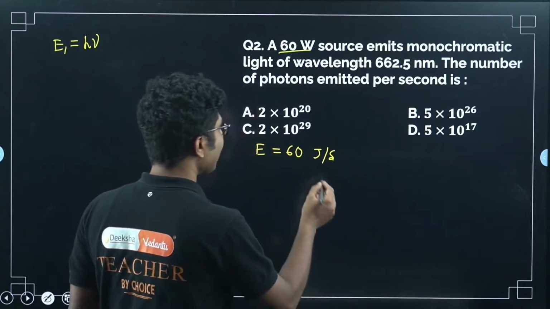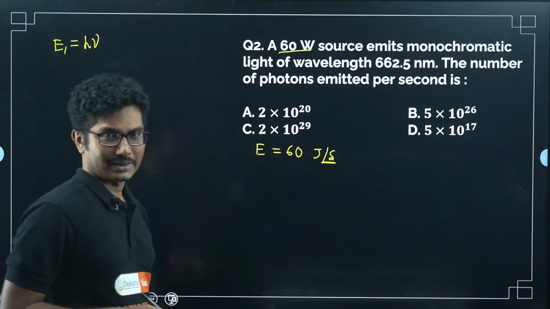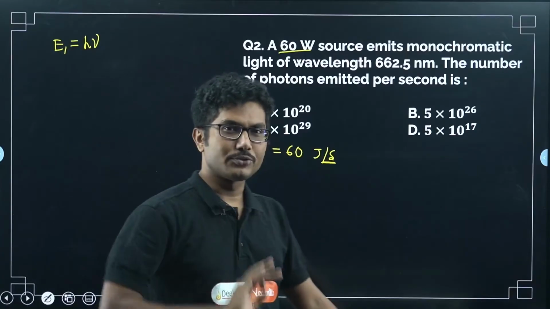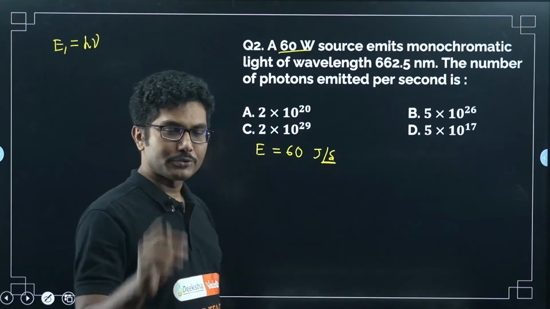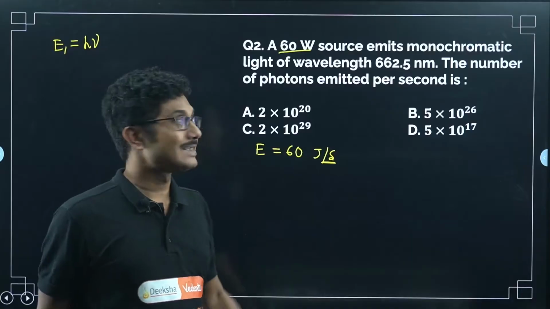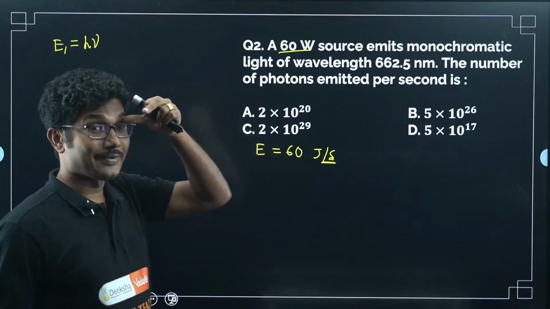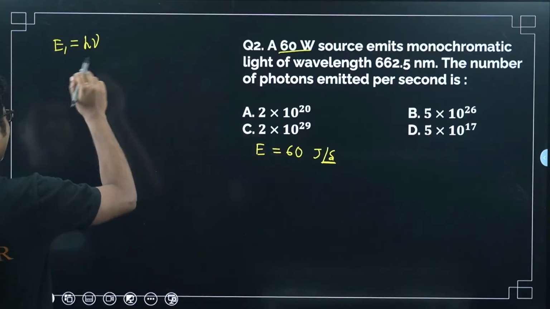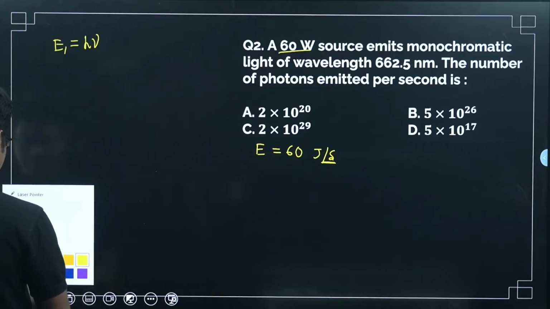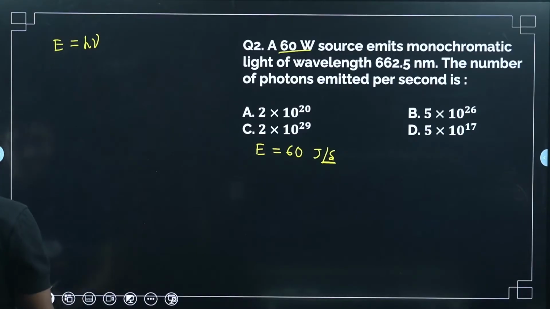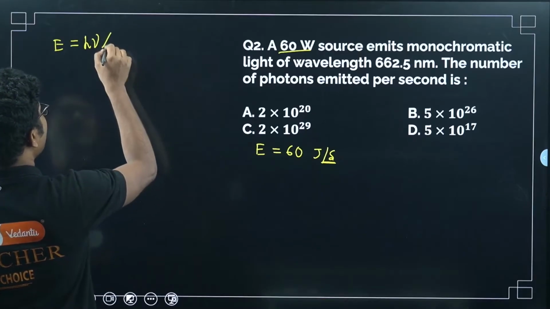Why is per second important? Because we have to cancel this per second. We want everything in terms of joules only, right? Energy is in joules, but there is an extra per second because the unit is given as watt. So the number of photons per second, suppose is n, then we can write E equals h nu times n.